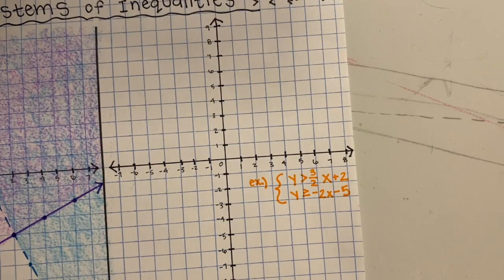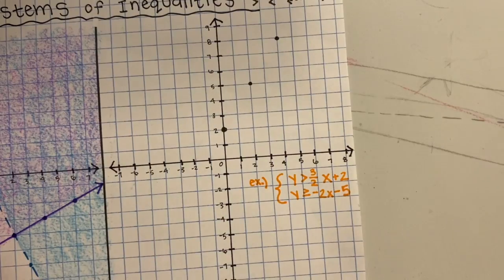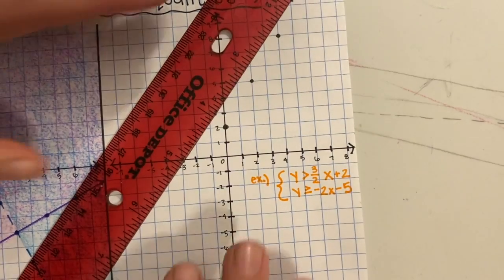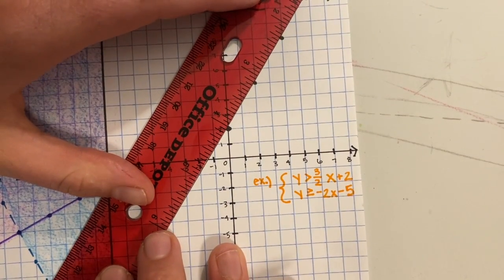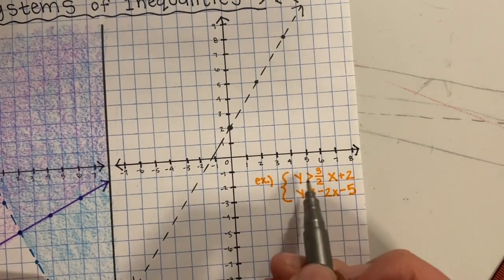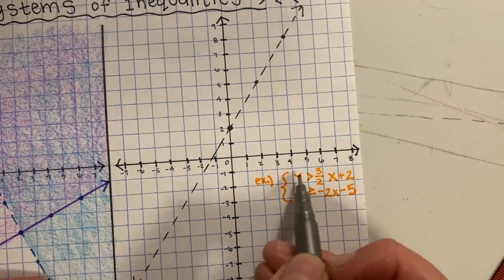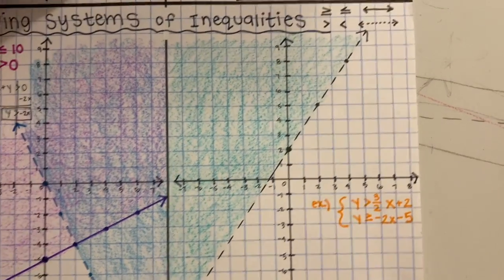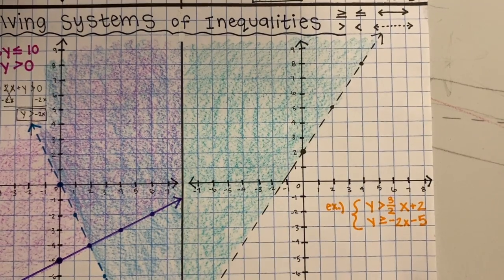I'm going to graph this one. This is a greater than sign, so it's not inclusive, so it's going to be a dashed line. And it's a greater than sign, so we're shading above. And then we can plot the other inequality.